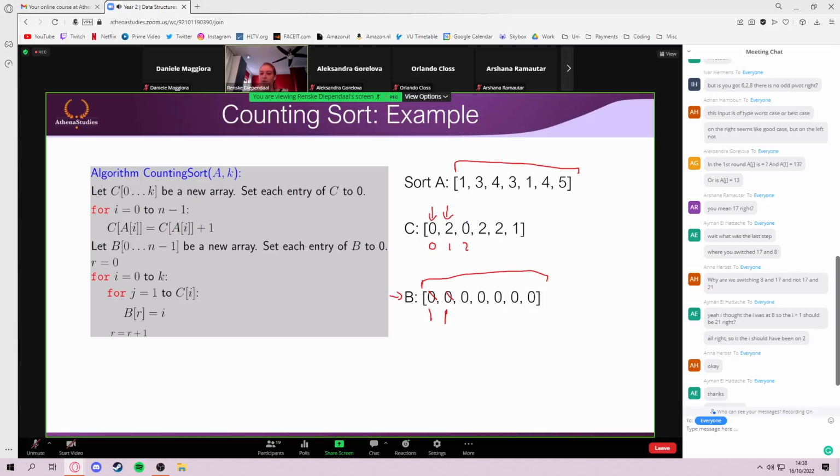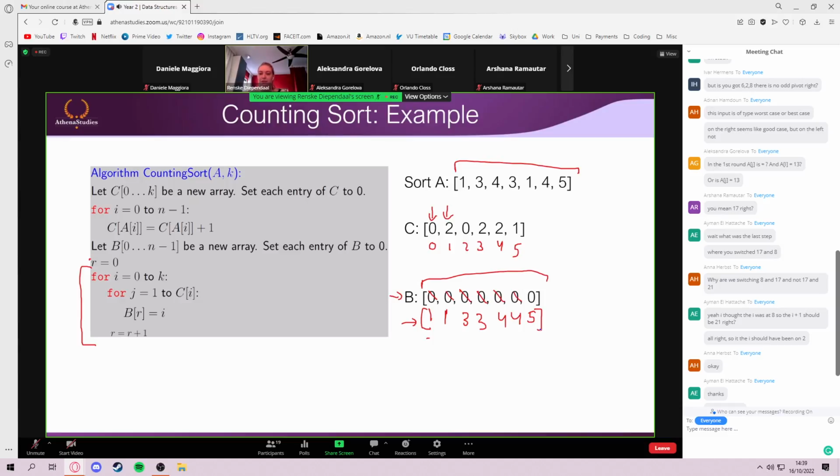Then over here, I need to reserve 2 spaces for the 2 index, so that doesn't really change anything. And then it says I need to reserve 2 spaces for the 3 index, so this is going to be a 3, and this is going to be a 3. Then we also need to do 4s, so we just write down 4s. Then we need to do 1, 5. And then this is going to be our new array, and this is the sorted array. So that's this for loop, basically.